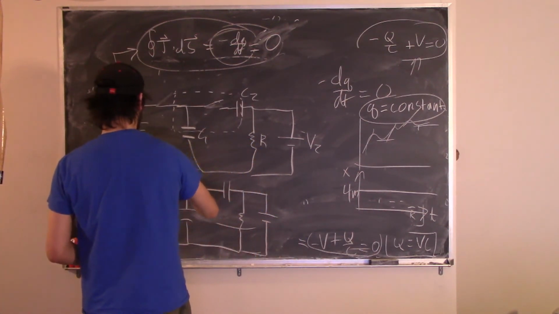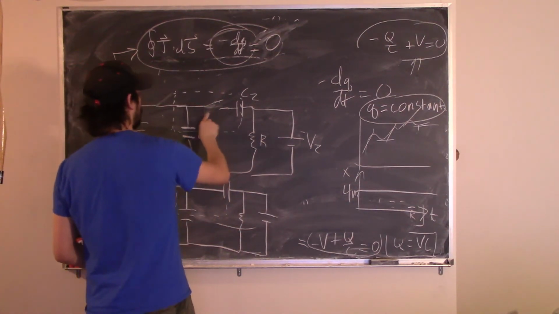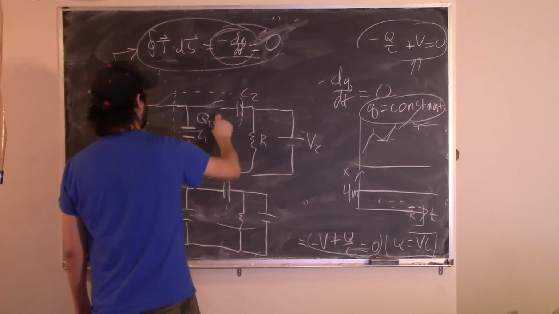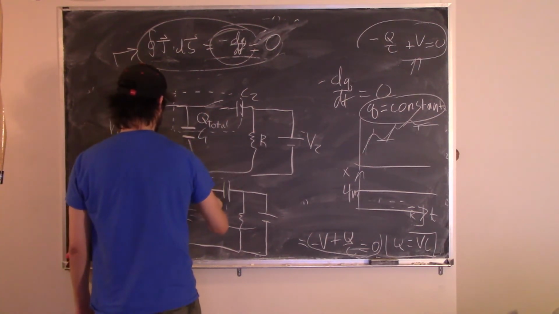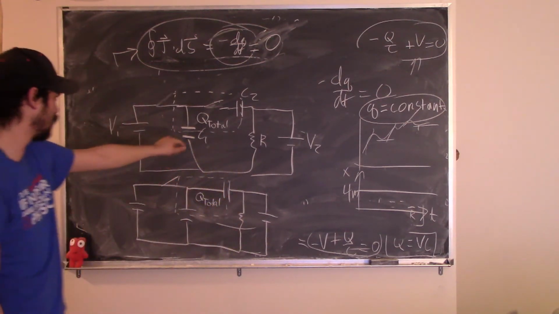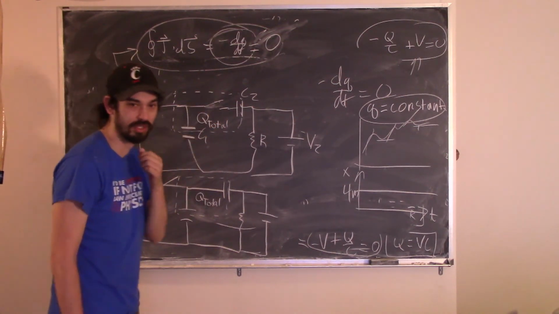So let me draw my box again. Q in this box is a constant, and Q in that box is a constant. I'm just going to call the Q in that box Q total. I could call it whatever I want, and the reason I'm calling it Q total will make a little more sense in a moment.